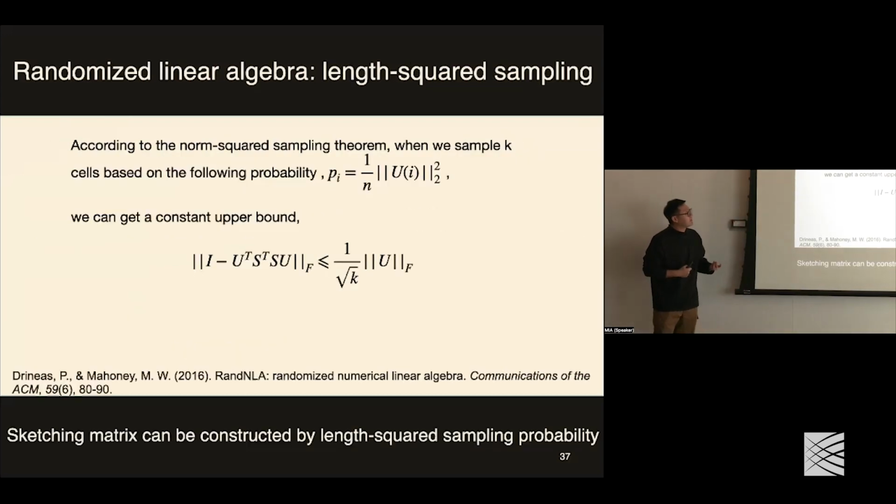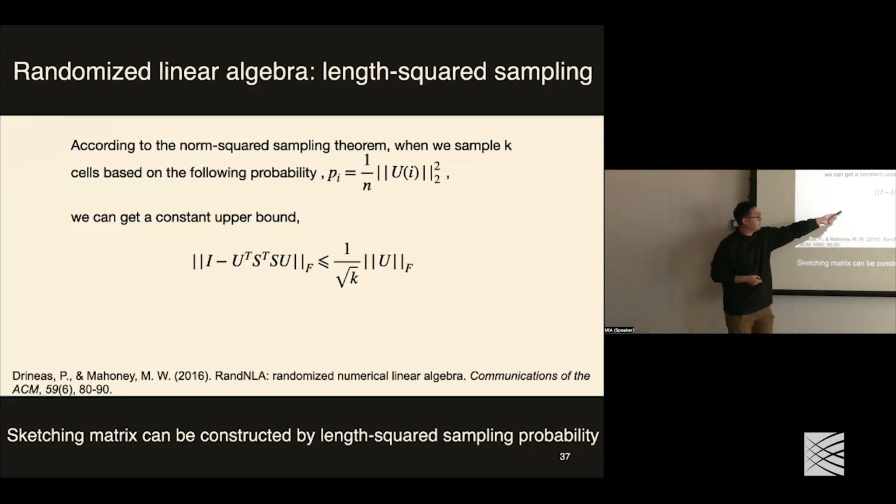This is a pretty classical question in randomized linear algebra. When we sample the cells, that is, when we construct the S matrix, based on the row sums of the matrix U with this probability, we can get a constant upper bound on this matrix.